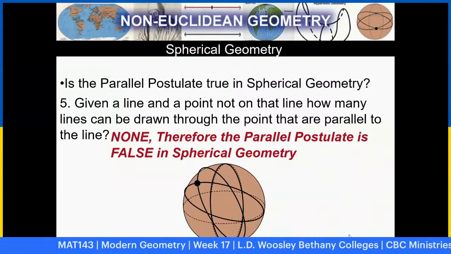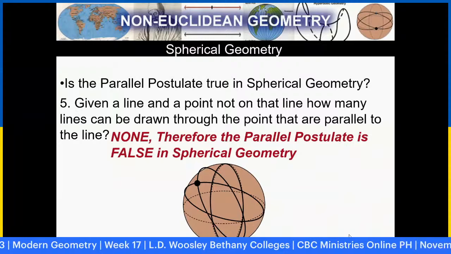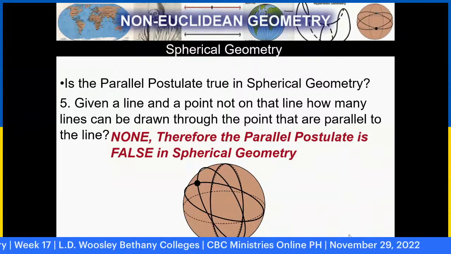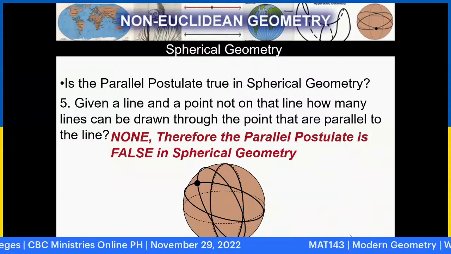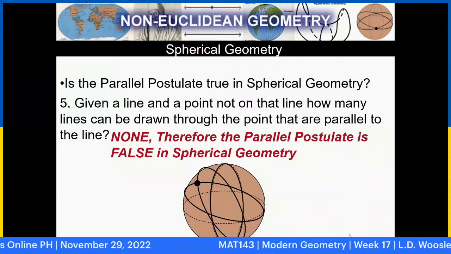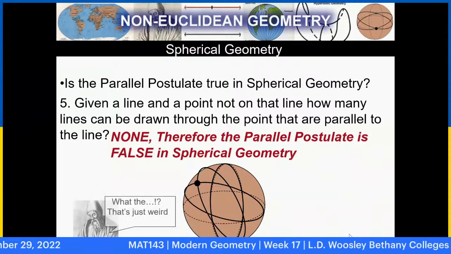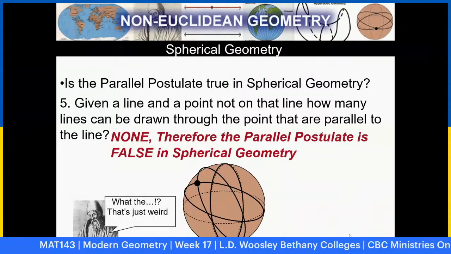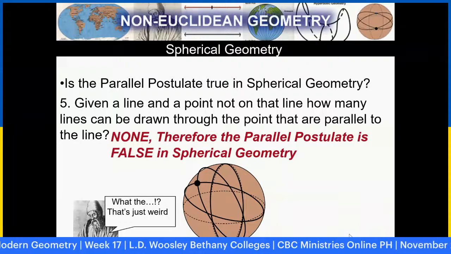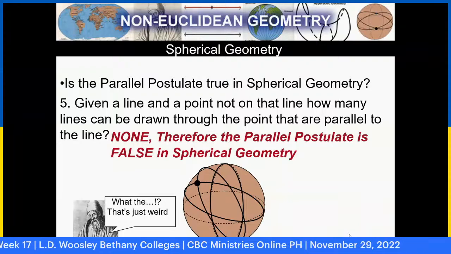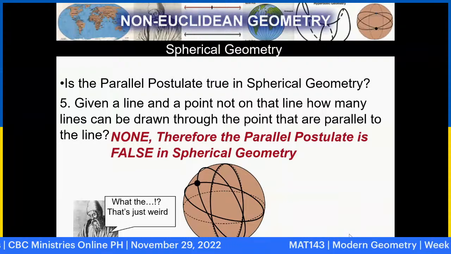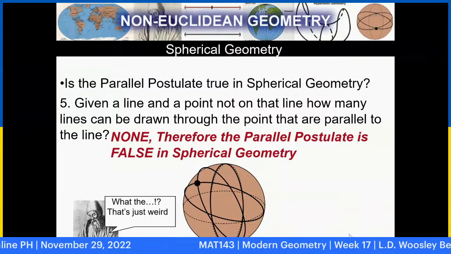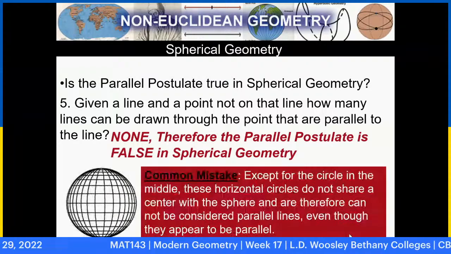Lines will somehow intersect at one point, so there are no parallel lines here. That's the dilemma for the fifth postulate. It's true for the first four postulates and false for the fifth. So really Euclid is going to be weird here.